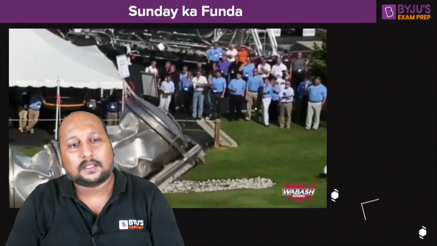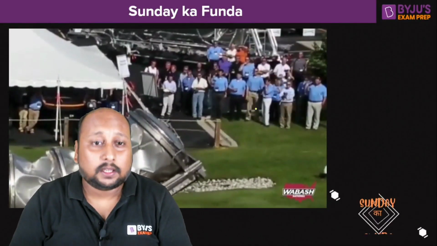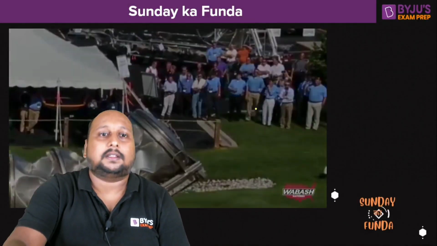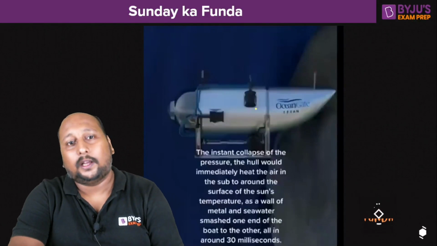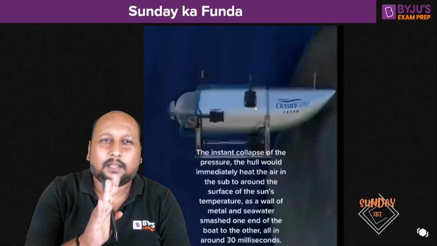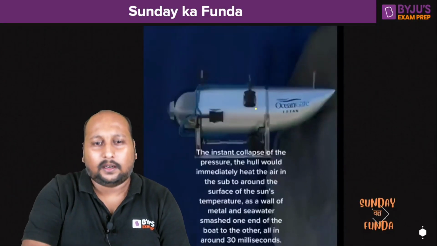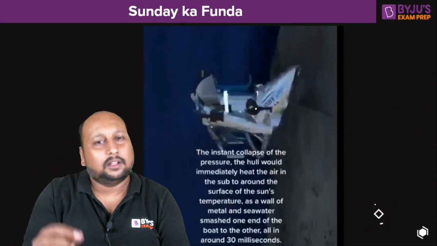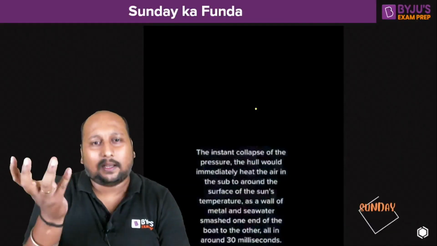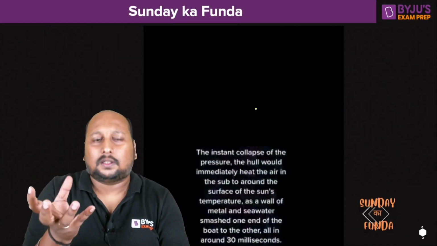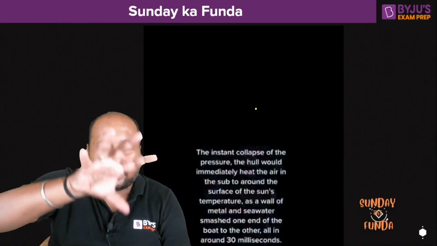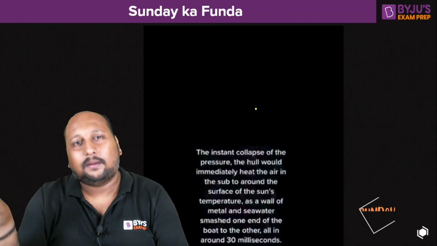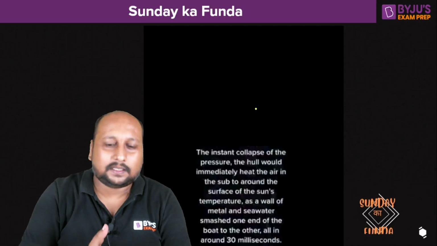Okay, so this is the concept of implosion that explains why this Titan converted into debris in around 25 or 30 milliseconds, not more than that, right? Different researchers have different explanations, but ultimately one thing is quite sure, that this complete OceanGate Titan submersible was converted into debris in a fraction of a millisecond, right?